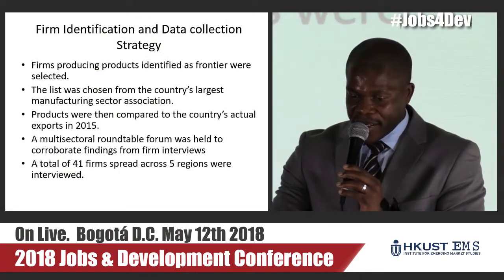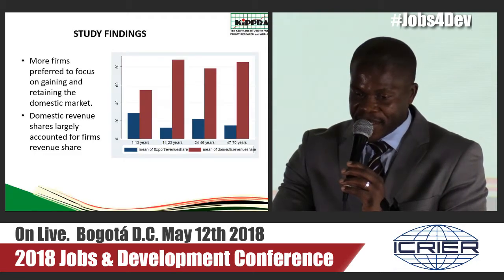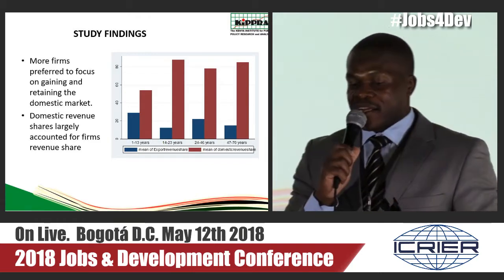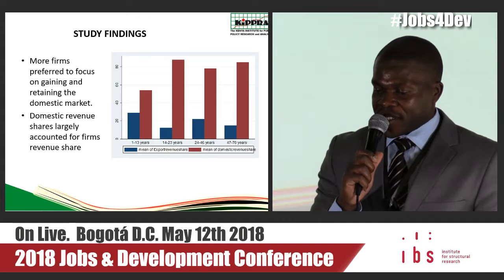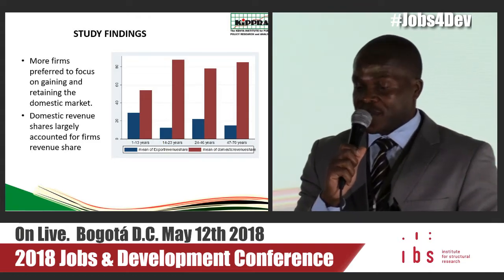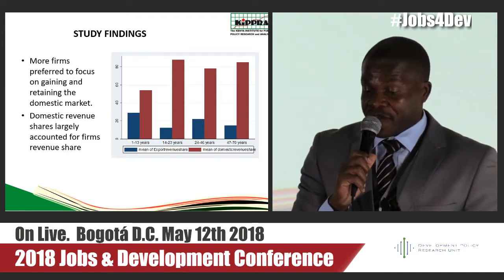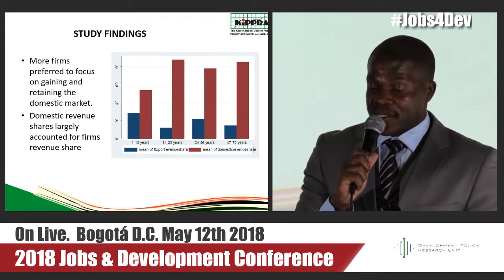So we had already spoken about the firm identification strategy. And then going straight to the study findings, it was established that most of the manufacturing firms were more focused on the domestic market, and very few were focused on the export market.